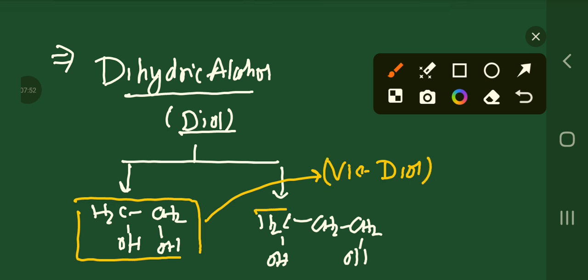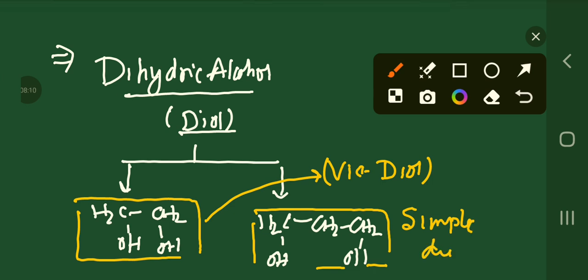And in the second case, you can see that there are two OH groups but they are not connected with two consecutive carbon atoms. So it is simple dihydric alcohol or simple diol.